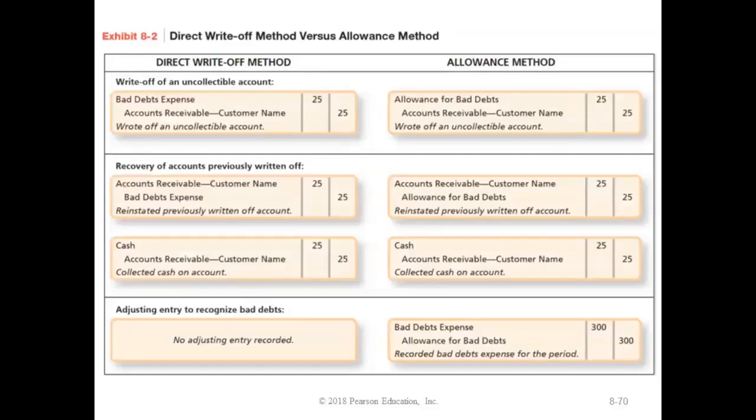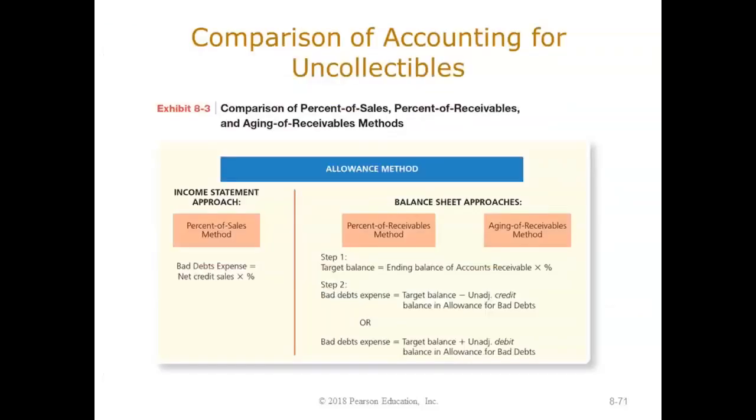You can use the percent of sales, the percent of receivables, and the aging of receivables as acceptable methods to estimate bad debt expense. Again, the direct write-off method does not allow you to do that. So you can see the comparison, with the income statement approach and then the allowance method.